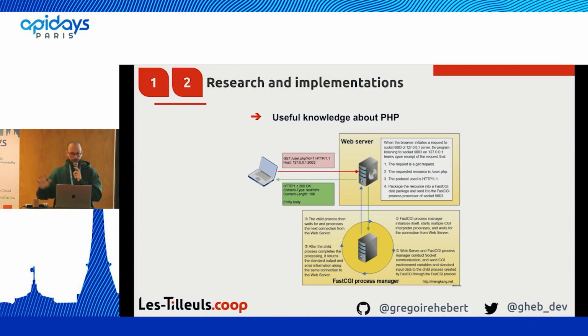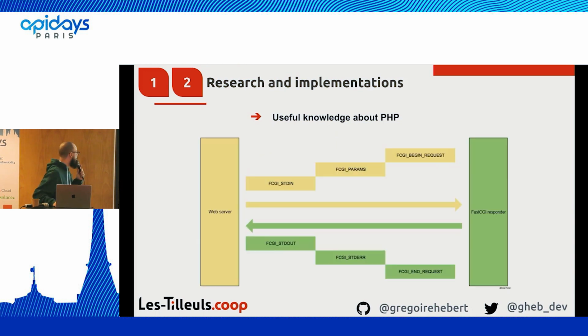I won't explain what this is. For modern versions, you have FastCGI, which is a better way to send stuff to PHP, and usually it's served by FPM, a FastCGI process manager. It has a port that is open and everything is sent there by your server.